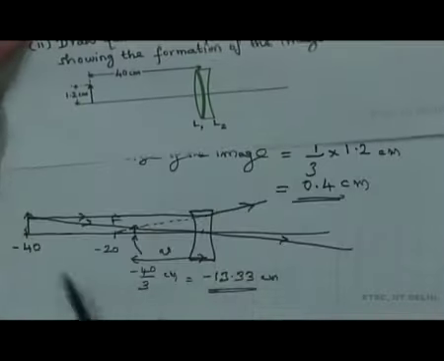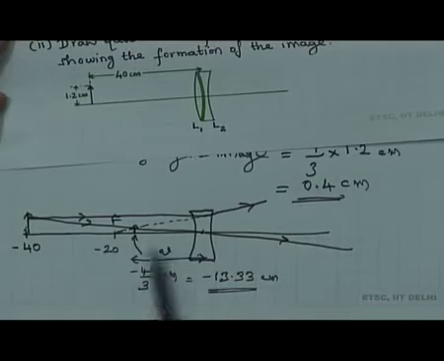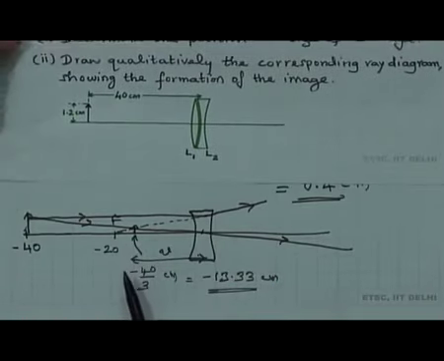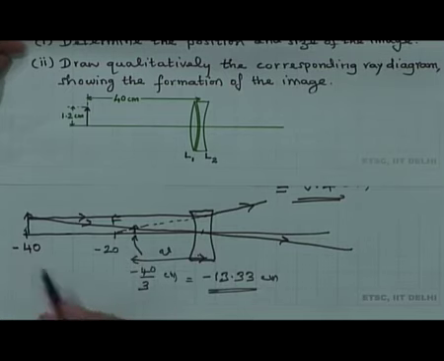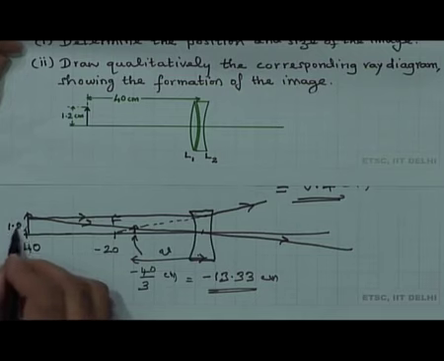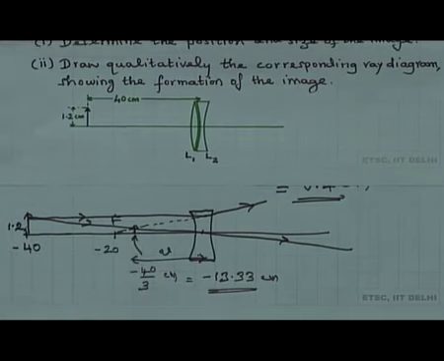Draw it with a neat scale, but it will qualitatively look exactly like this, showing all the distances. Show the distances 40 centimeter, 20 centimeter, and V as minus 13.3 centimeter. Show this as 1.2 centimeter and this as 0.4 centimeter. That will complete the ray diagram.